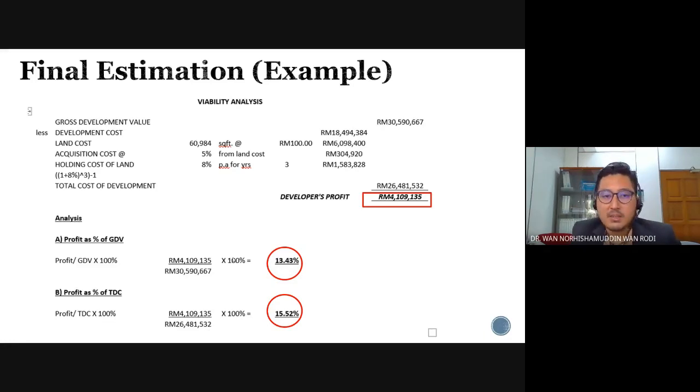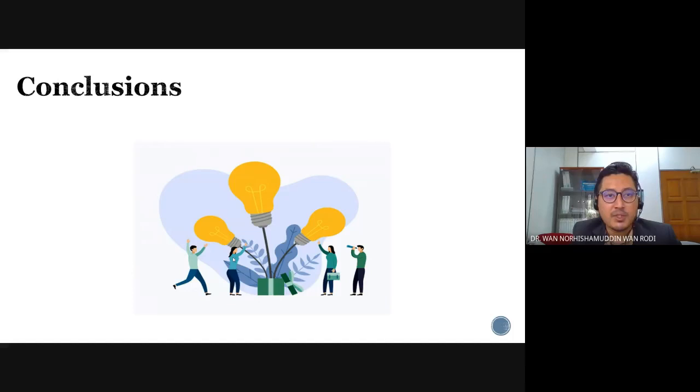And then last but not least, it is important for the student to understand the concept of the GDV and TDC because it is one of the very popular methods when you go into working in a valuation firm, for example. You will have to use the residual method for suitable types of property, development project, as a measure to counter check.